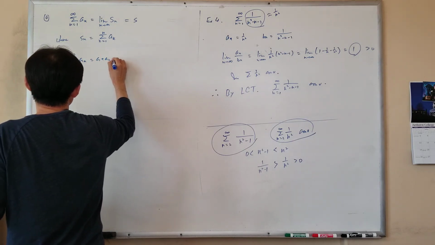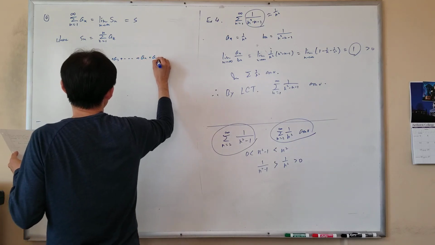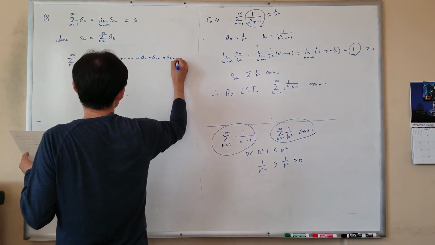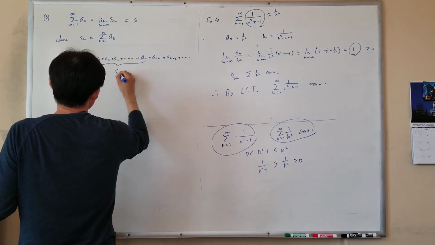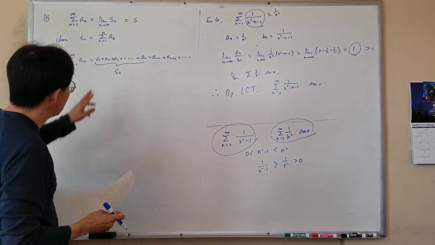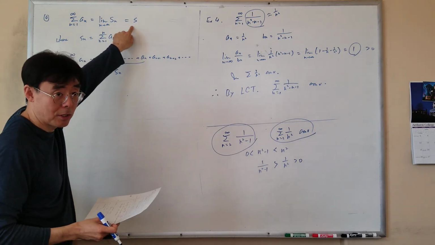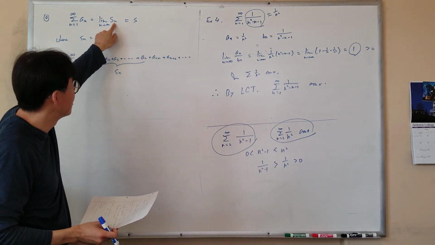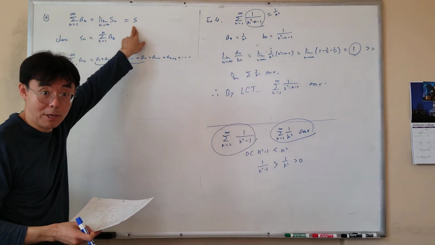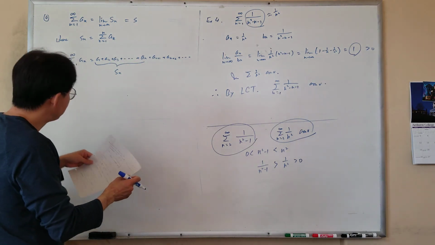A1 plus A2 plus A3 plus all the way to An, plus An plus 1, An plus 2, keep going. This is Sn. So Sn is eventually getting closer and closer to S. So if we use a large number n, Sn will be a very good approximation, very close to S, right?